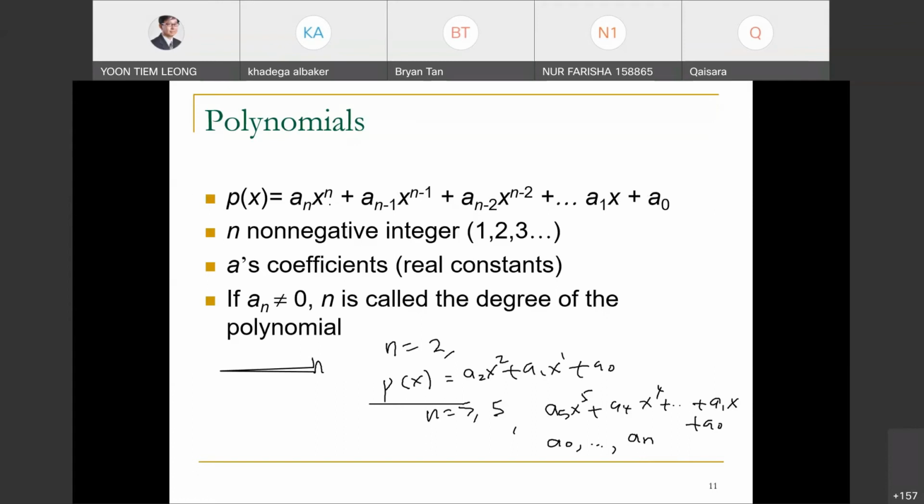So a polynomial has coefficients an minus 1, an minus 2 up to a0, and the highest order in the polynomial is x raised to the power of n, where n is just an integer. So polynomial is also a very important type of function. A polynomial is completely described by the degree and also the set of coefficients.